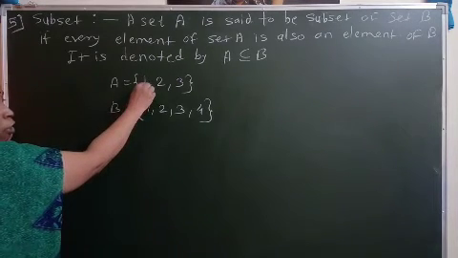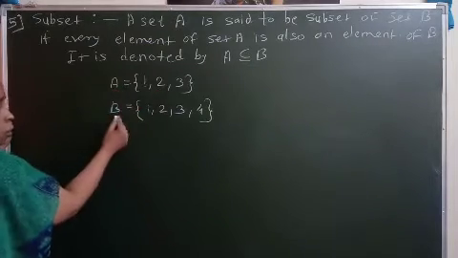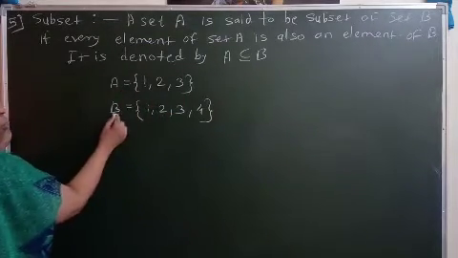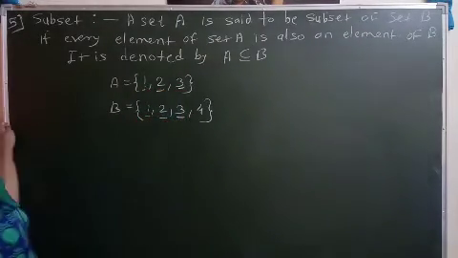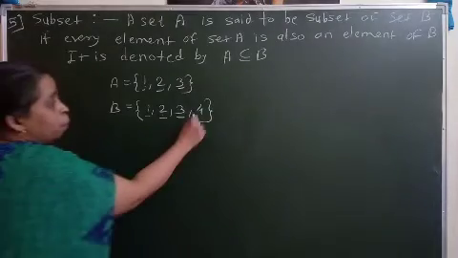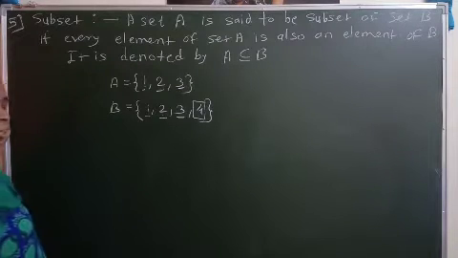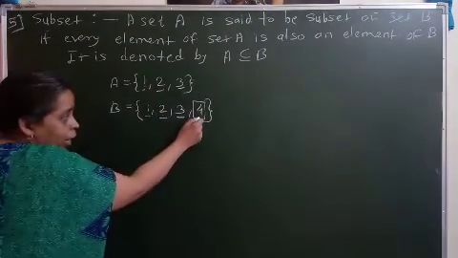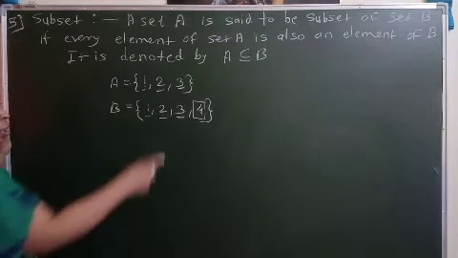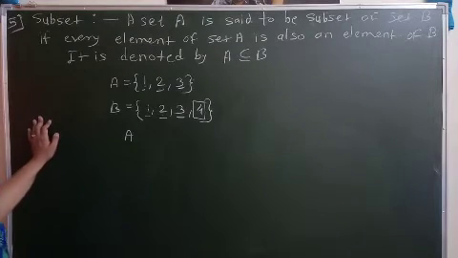So 1 belongs to A and 1 belongs to B also. 2 belongs to A, 2 belongs to B. 3 belongs to A, 3 belongs to B. So every element of set A is also an element of set B, and B contains at least one element or no element which is not in A. कमीत कमी एक एलिमेंट बी मध्ये असा पाहिजे, नसला तरी चालेल, की जो ए मध्ये असणार नाही. Then A is called subset of set B.